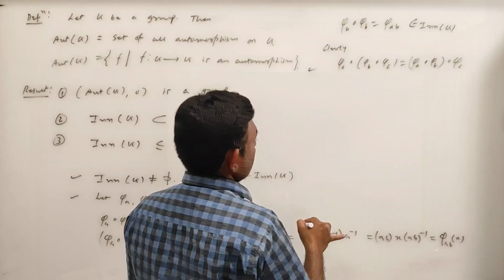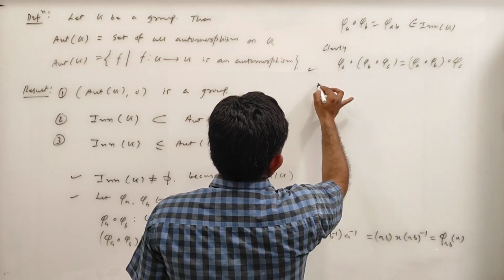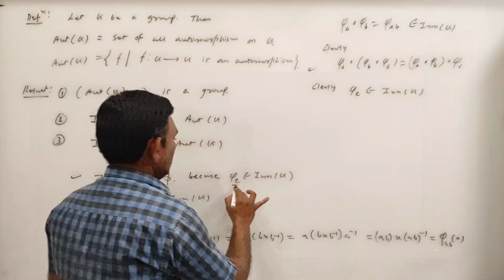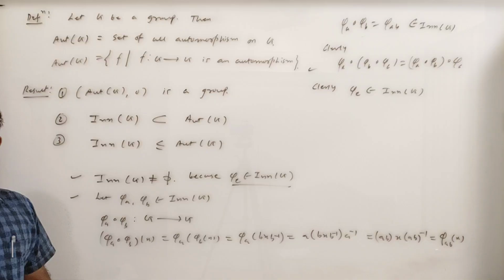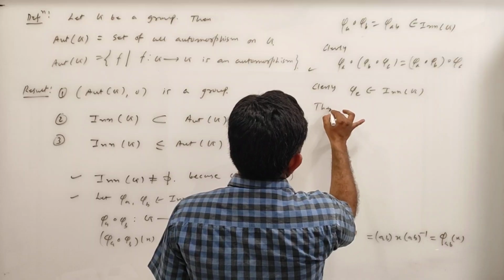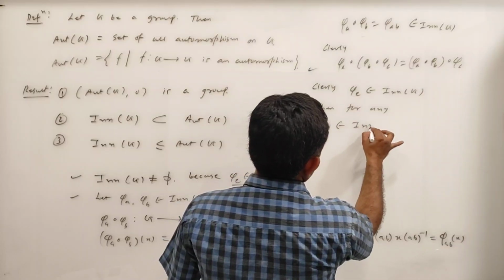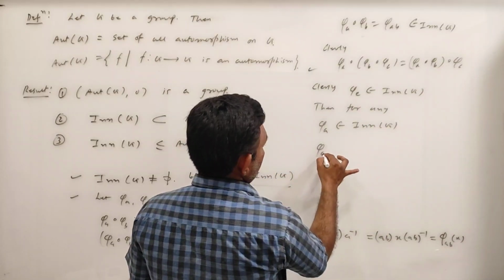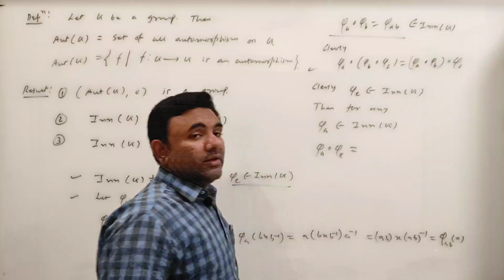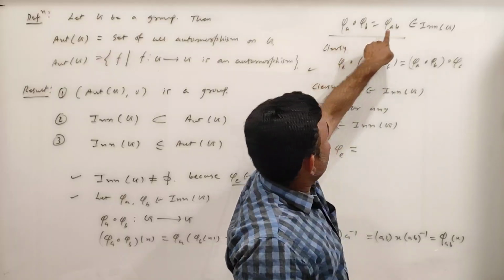Now the third one, existence of identity. So clearly this phi E belongs to InnG, when we showed it is non-empty. Then for any phi A belonging to InnG, you look at phi A o phi E. See, from here we get a definition: if you take two inner automorphisms, then to find their composition, you just take the product in the suffix.